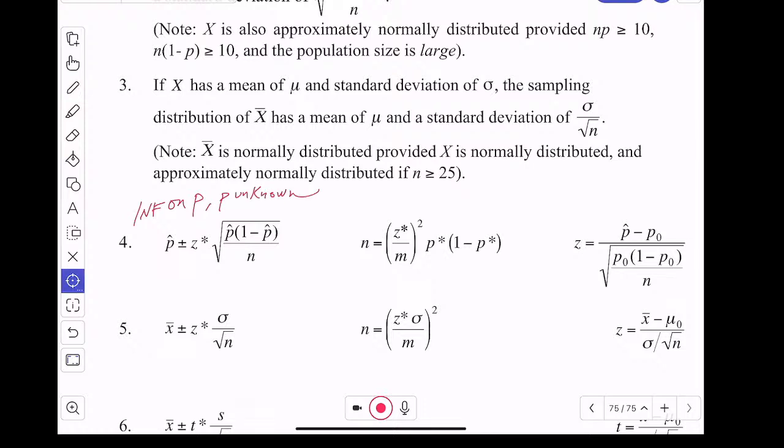So you use P hat from the sample as a substitute or your best estimate of P.